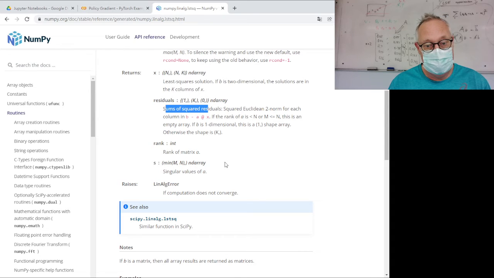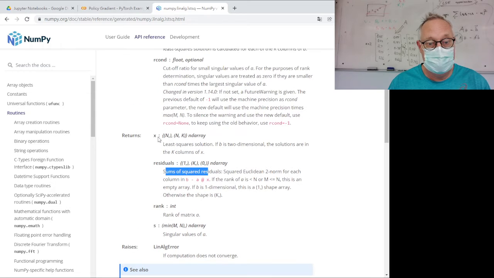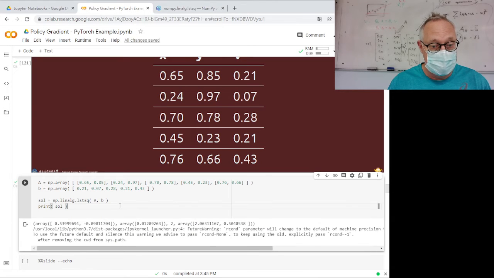Singular values, I'm not sure why you would want to have those. If you're only interested in a solution, all you really care about is x, and the residuals are interesting because they give you an idea of the error associated with this approximation.